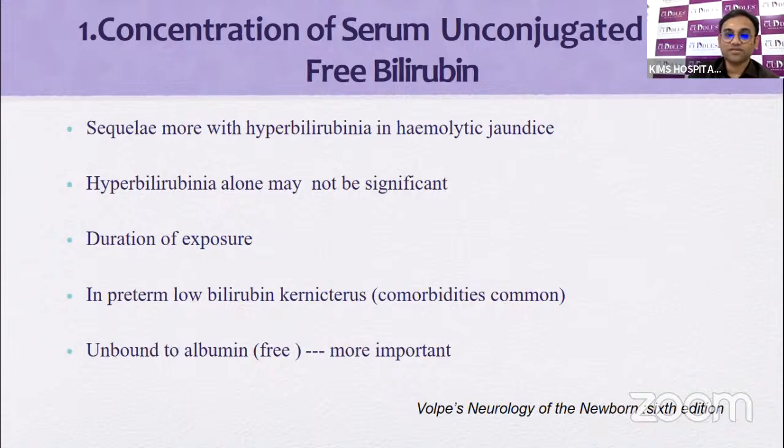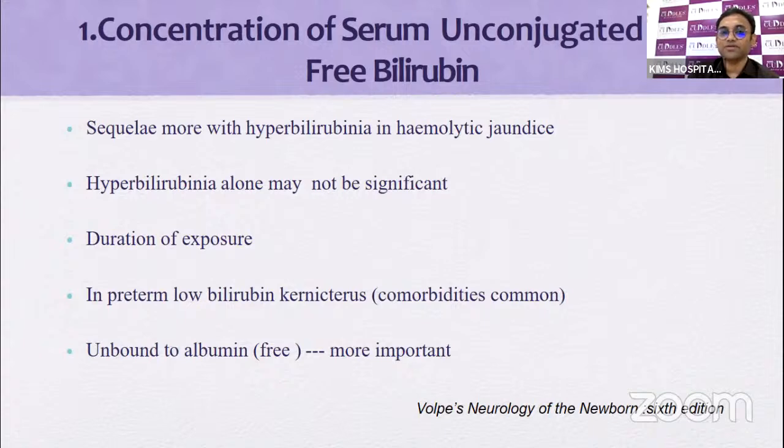Many reports and much research throughout history have shown that hyperbilirubinemia associated with hemolytic jaundice is more associated with BIND than hyperbilirubinemia without hemolytic jaundice. However, the mere presence of high bilirubin levels alone may not be enough to cause bilirubin-induced neurological dysfunction.